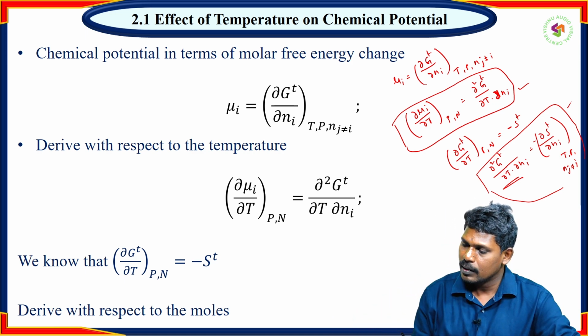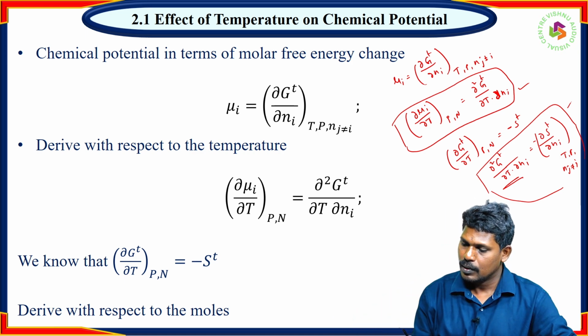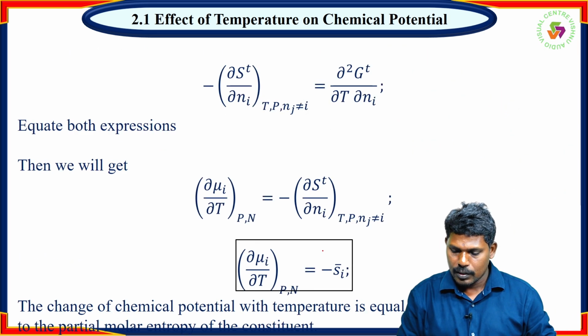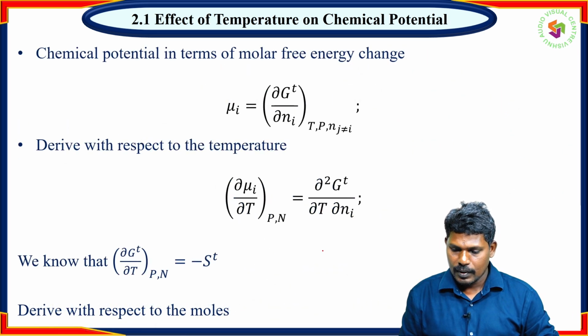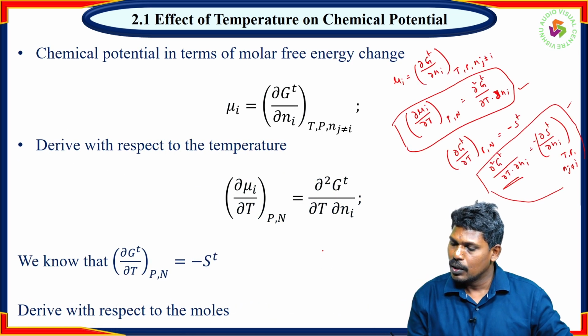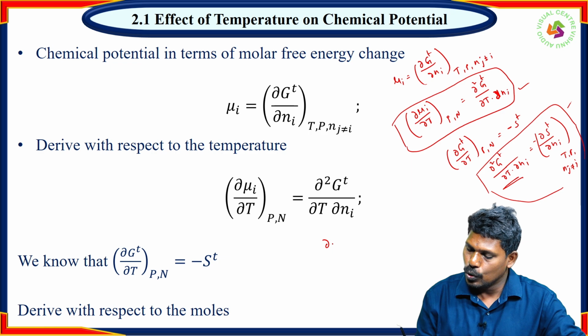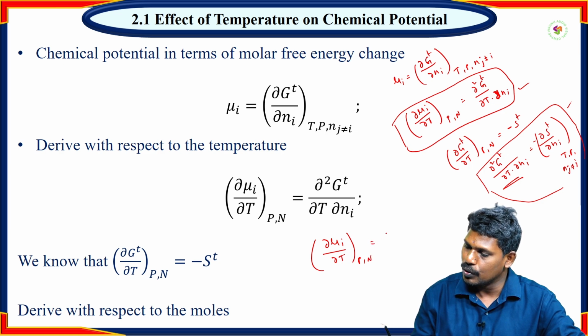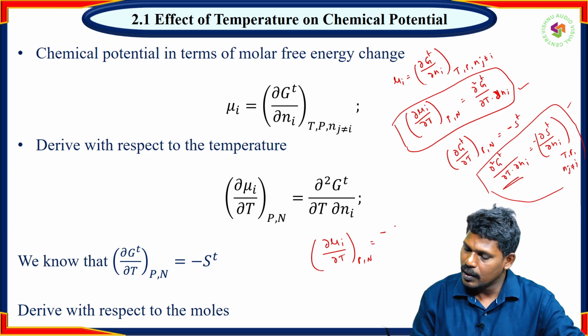So we get dou mu_i by dou T at constant pressure and number of moles is equal to minus dou St by dou Ni at constant temperature, constant pressure, Nj not equal to i.